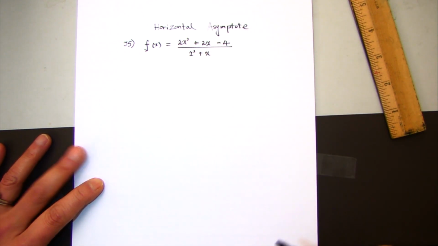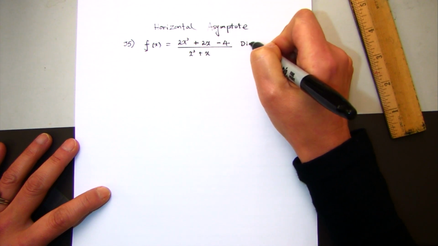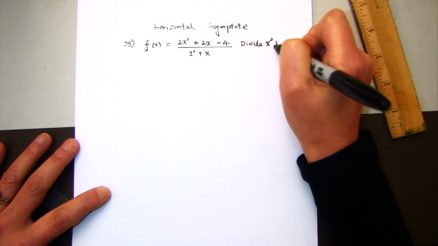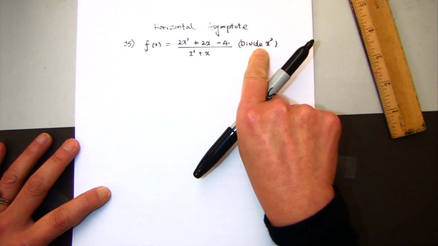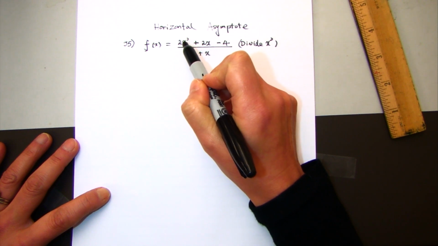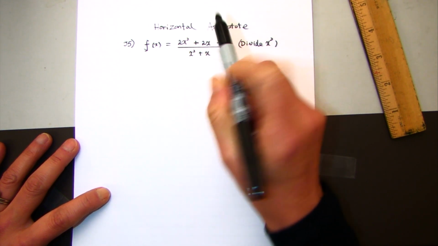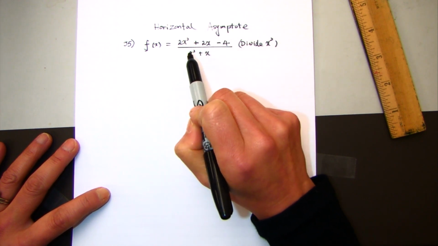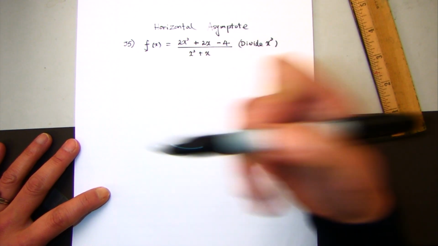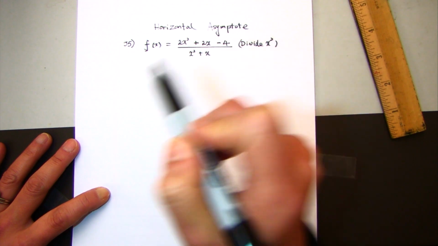Okay, so follow me. First step, you are going to divide by x squared. You're like, why do I want to divide by x squared? You just got to trust me here. x squared is the highest term in this rational expression. You are looking at the 5 terms in this rational expression, and x squared happens to be the highest. So we're going to divide everything by x squared.